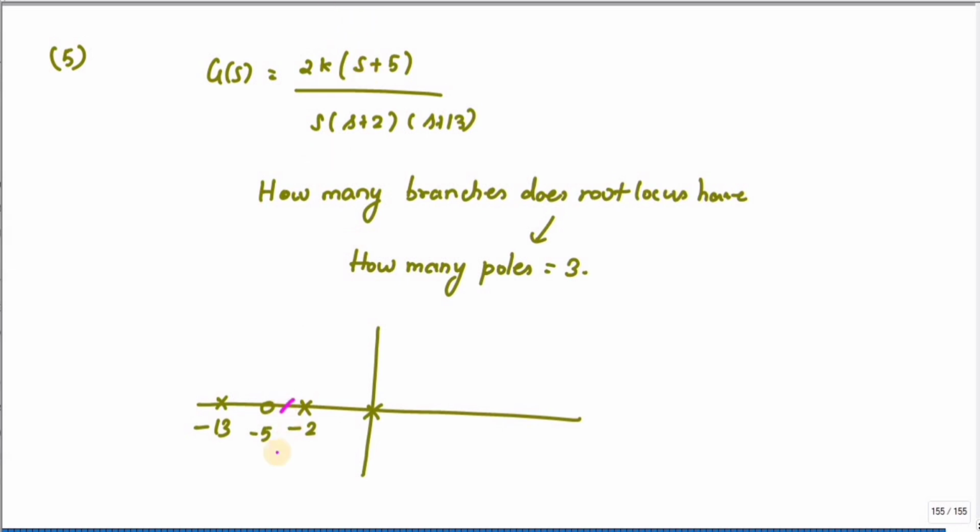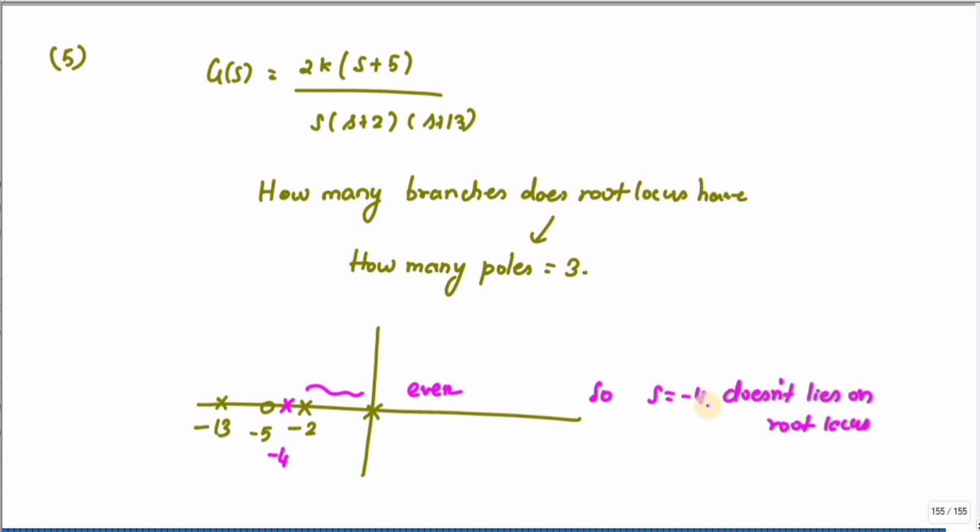Okay. So if I select a point between -5 and -2, I have an even number of poles and zeros to the right side of that point, right? So s = -4 doesn't lie on the root locus.